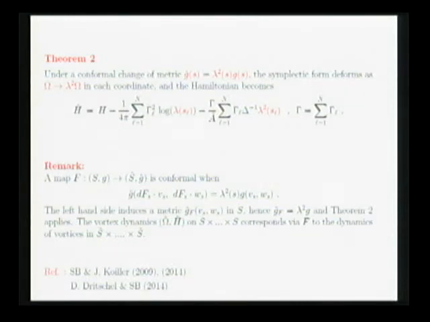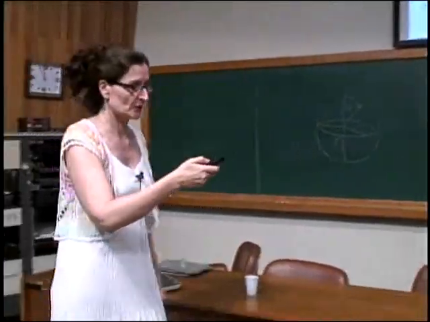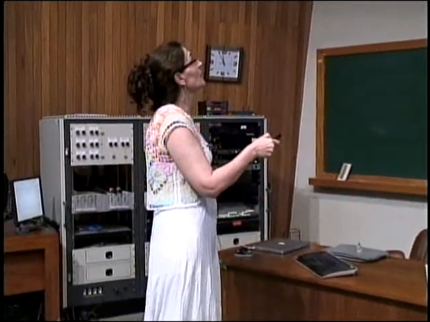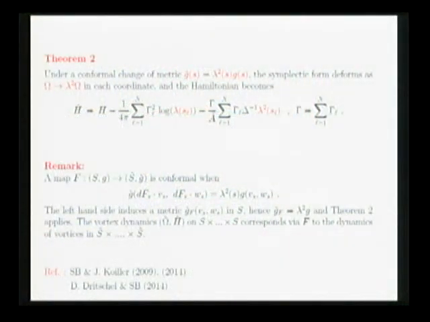And we can show this in a paper with Jay Kohler, and then we recover the same result in the paper that we have now with David, that if we deform the sphere into some other surface conformally, we have the Hamiltonian, and we have this extra term. This is the Robin function that depends on the conformal factor in a very easy way.